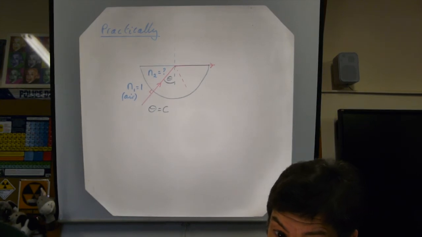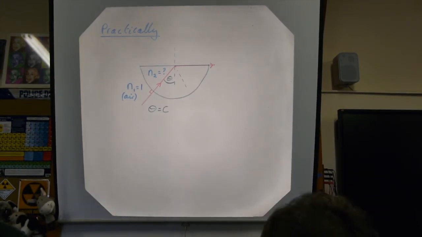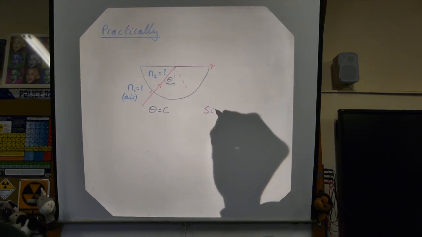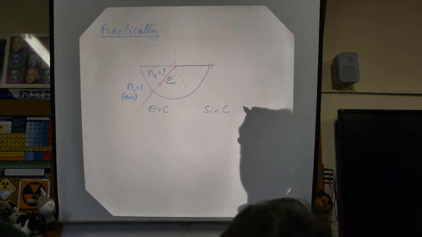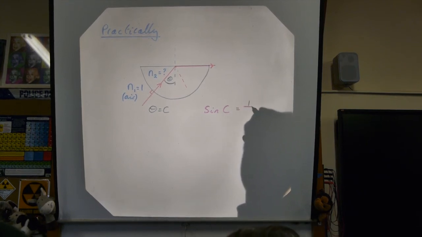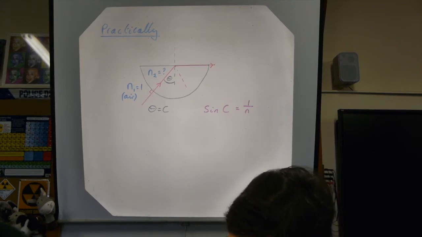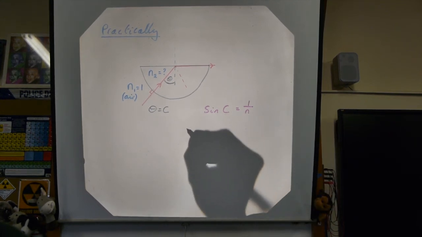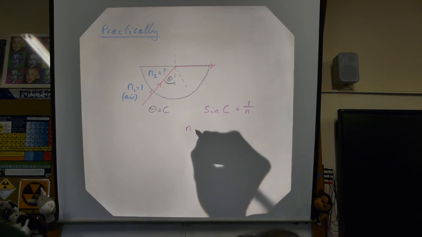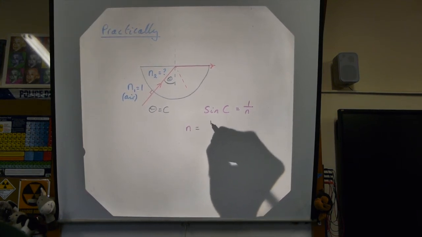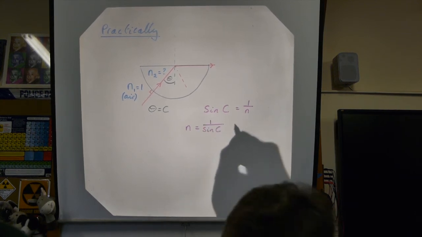So you'll remember, I'll just put the bit from our Snell's law down, that we got sine of the critical angle is equal to 1 over n. But this time it's n that we want, so n, it is obviously N2, this one. N is equal to 1 over sine C.